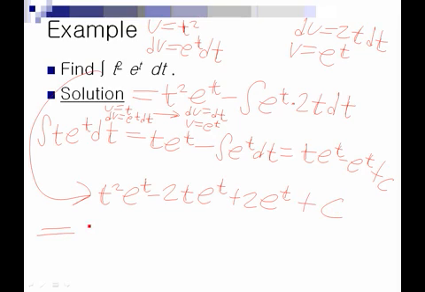And if you like, we can rewrite this as t squared minus 2t plus 2, all times e to the t, plus some arbitrary constant. And that's the simplest you can make it look. Okay?